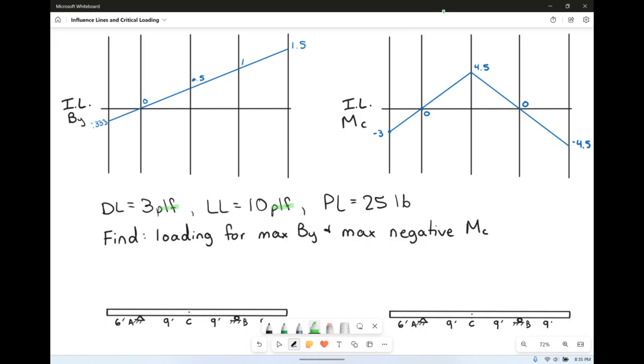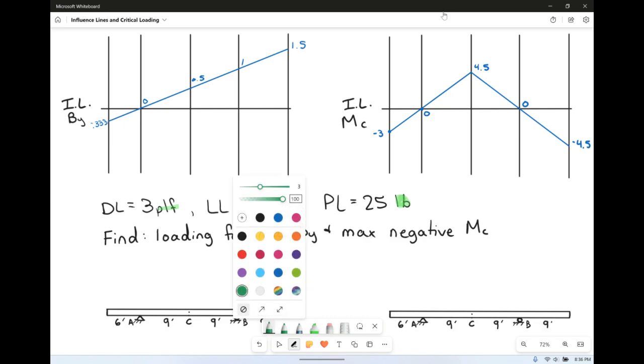And a point load is just pounds. So the point load here is going to act at a singular point, which is going to have a singular value. However, the live load and the dead load here, since they act across an area, are going to be times the area of the influence line.